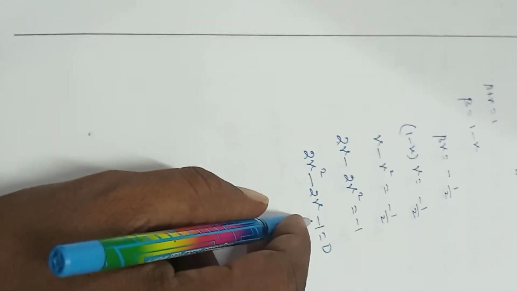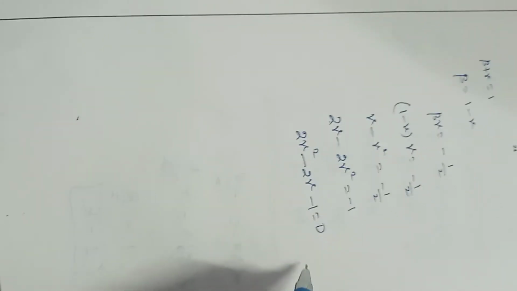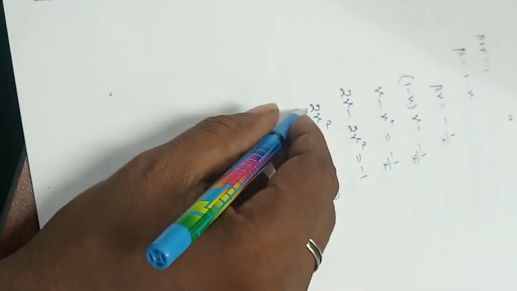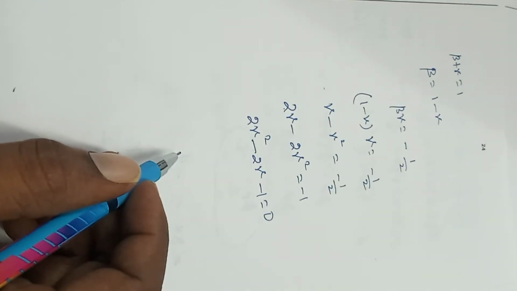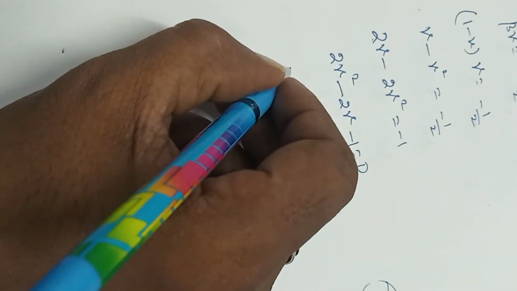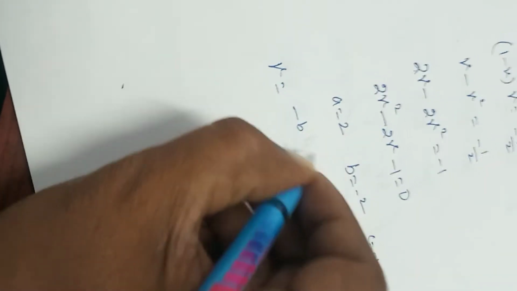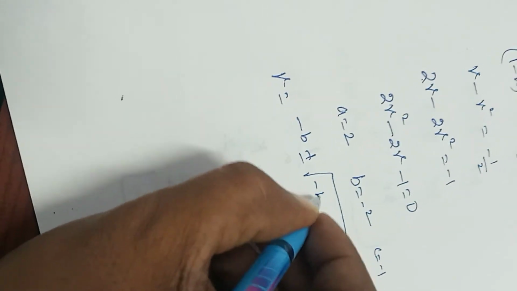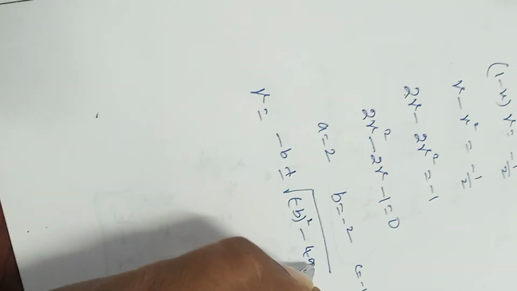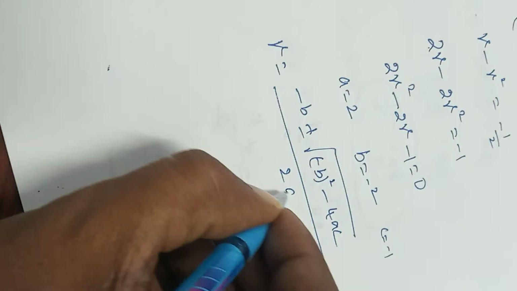That is a quadratic equation. Factorization is not possible here, so use the formula. A is equal to 2, B is equal to minus 2, and C is equal to minus 1. The formula: gamma is equal to minus B plus or minus square root of B square minus 4AC, divided by 2A.